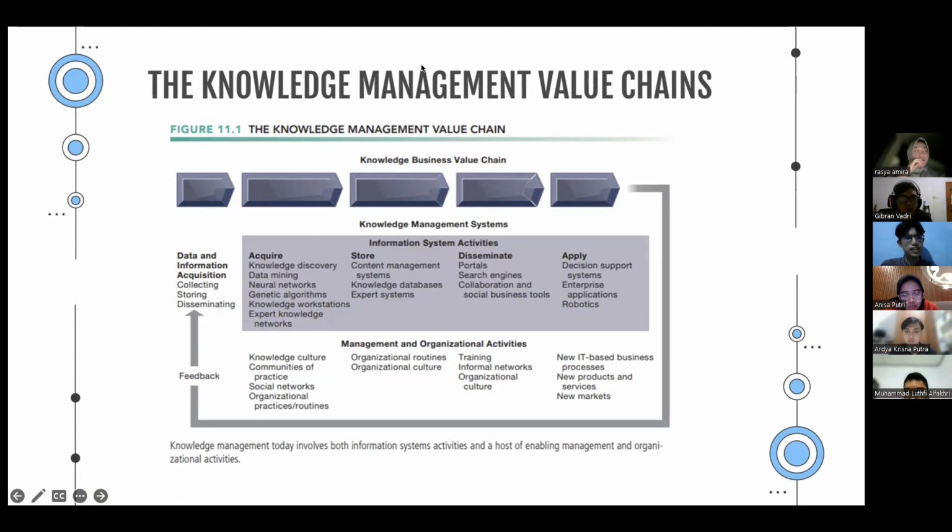One apparent slogan of the knowledge management field is that effective knowledge management is 80% managerial and organizational and 20% technology. Next slide.